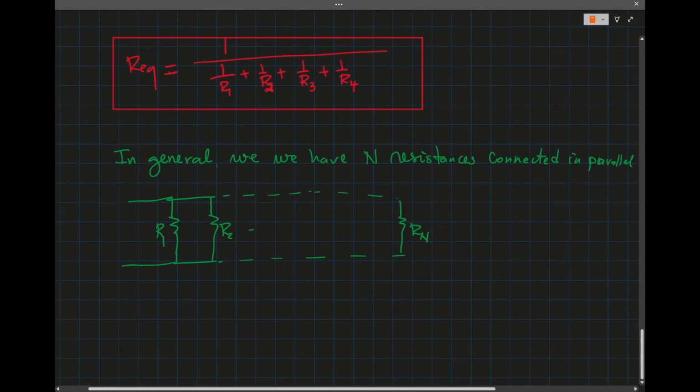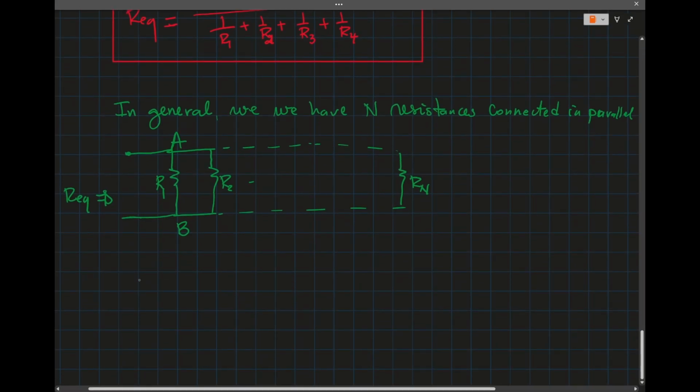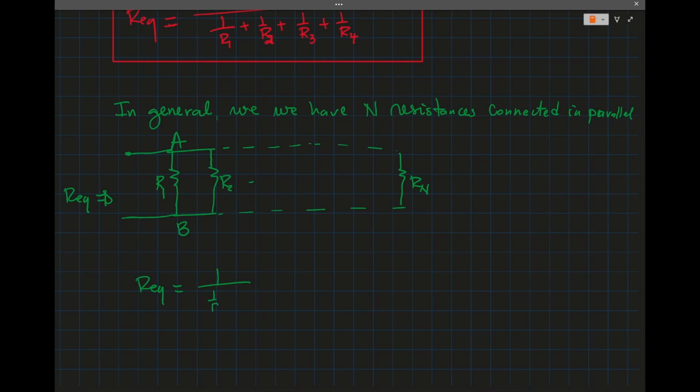Then R equivalent, looking into, let's say this is A and this is B, between the nodes A and B, R equivalent is 1 over R1 plus 1 over R2 plus 1 over R3 plus 1 over Rn.